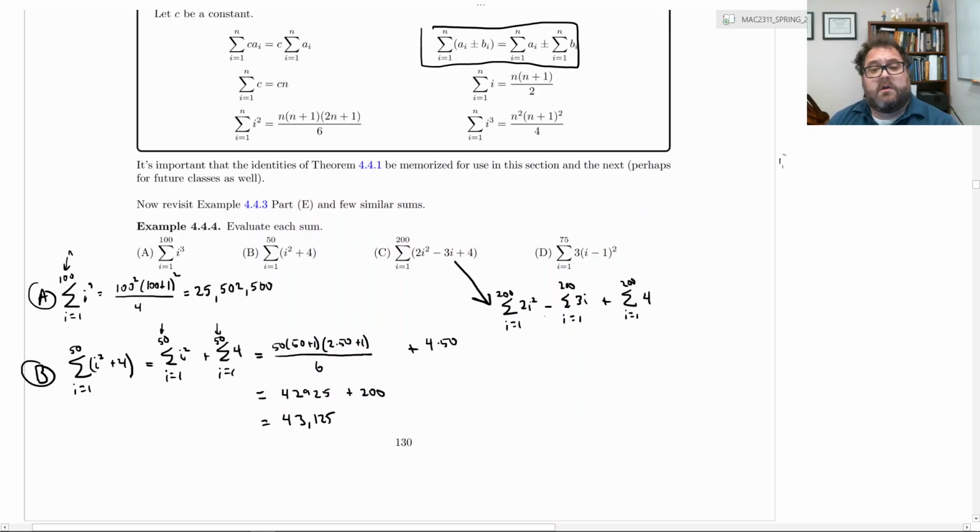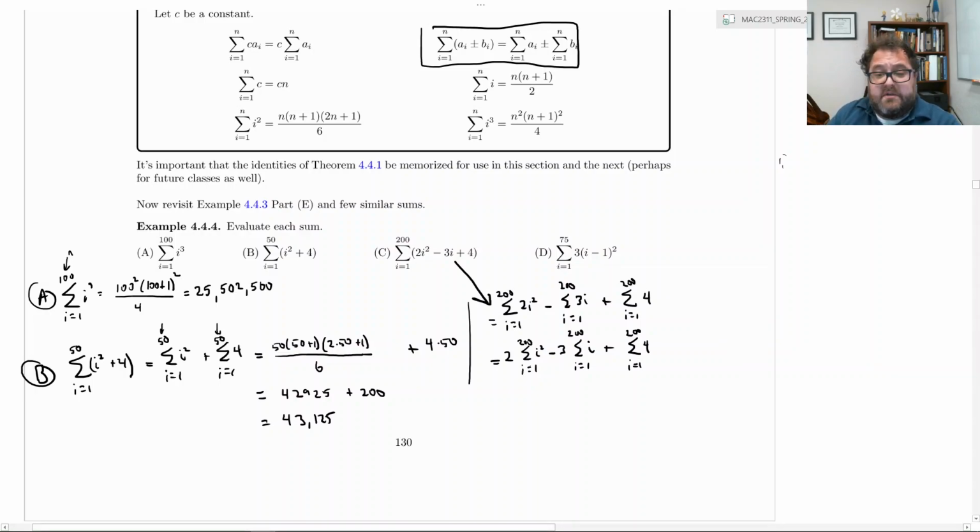Now for the first two, notice I have a constant multiple for each. So what I can do for those is factor out the constant. So I have 2 times the sum from i equals 1 to 200 of i squared, minus 3 times the sum from i equals 1 to 200 of i, plus, and we can just leave that as a 4. I suppose you could factor out and get a 1 there, but that's not really advantageous since we already have a constant rule to deal with the sum of a constant.